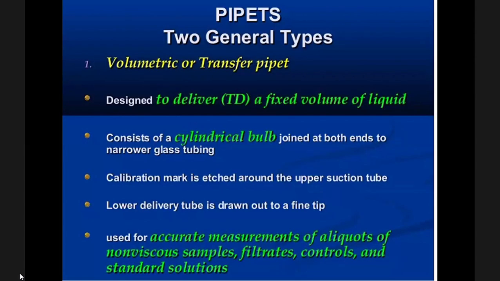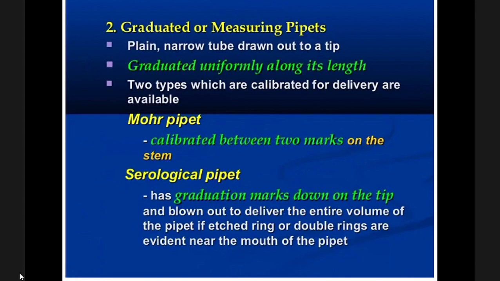And there are two general types. We have the volumetric or transfer pipette, and earlier, the bulb pipette. You remember the first slide with the pipette. So this is designed to deliver, it has a TD etched mark near the tip at the top.